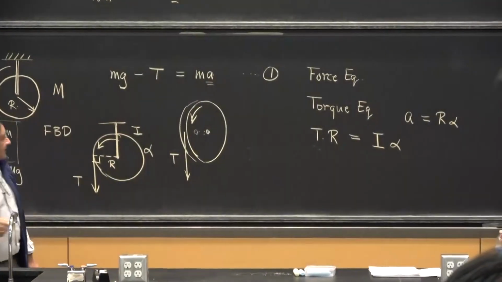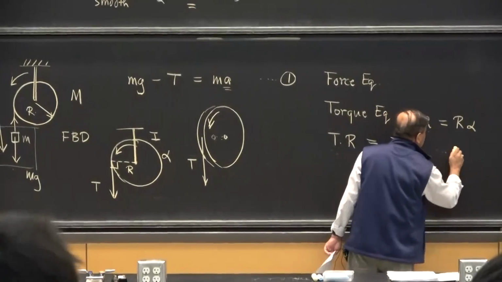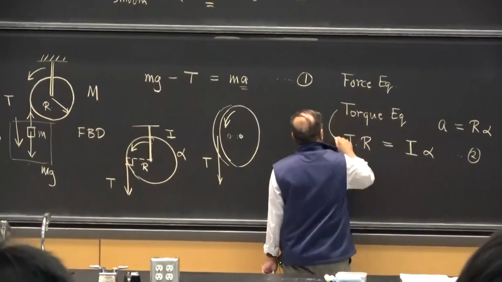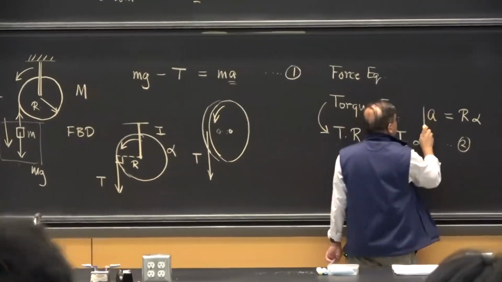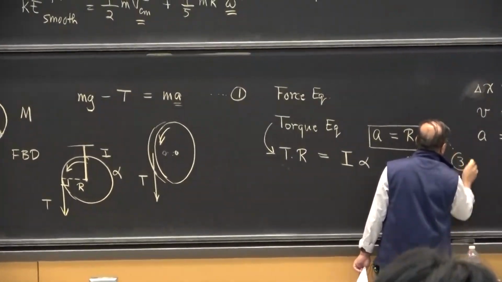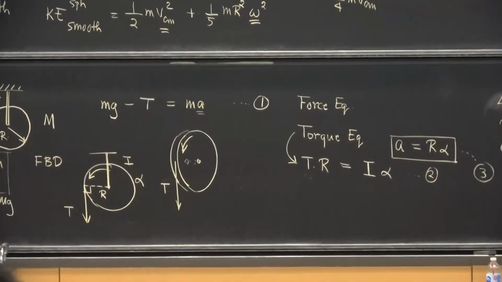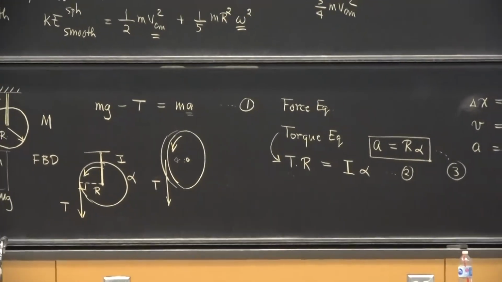Okay? So that, in fact, is your torque equation. And this, in fact, is your all-important third condition, without which you're fried, because you have to now use the no slipping condition to be able to relate those two.